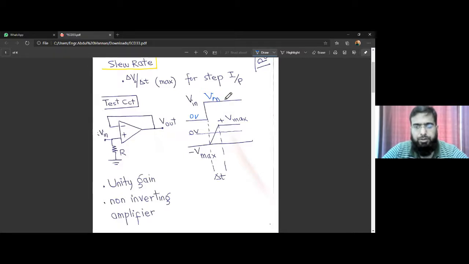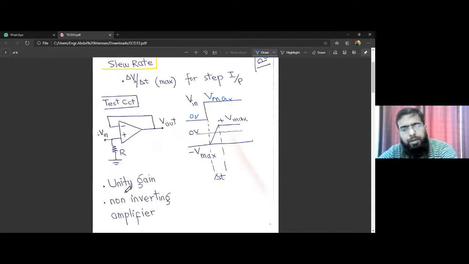The input was raised to Vmax, but the output couldn't follow it exactly in the same way as the input rose, but the output finally increased to Vmax by following this linear pattern. So this rise is executed in some time. We call it del t.